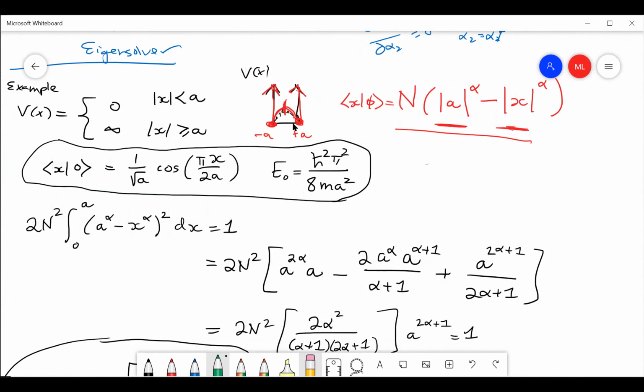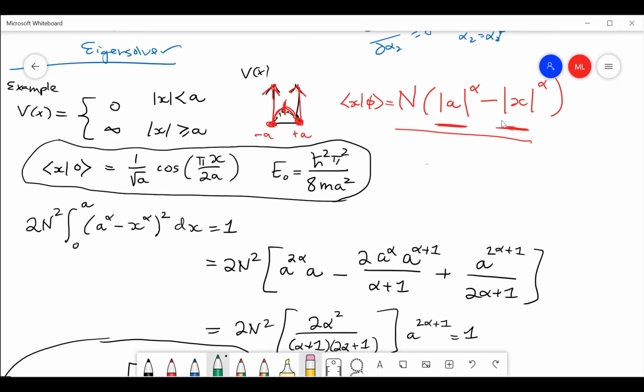We know the exact solution for the ground state. That's just this cosine. Then the lowest energy is given by h bar squared pi squared over 8ma squared. And then we were trying to see what we can find if we use the variational method for this kind of trial wave function.